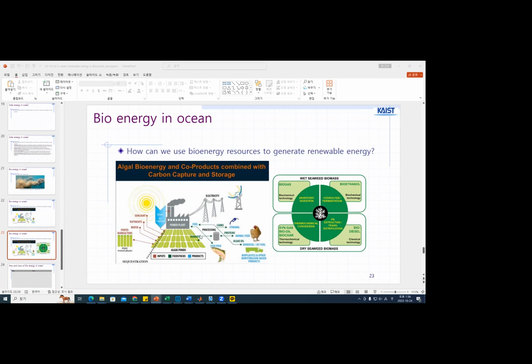We can also use that kind of fuel to generate electricity in the power plant. So this is the kind of processing that can convert the biomass to ethanol, biogas, or biodiesel.